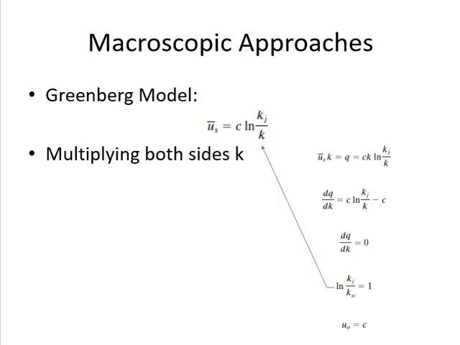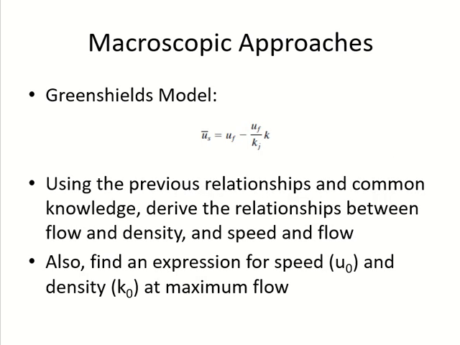This one and this one? Is it possible? No. They are completely different, right? There is no similarity in that. One is linear, the other one is non-linear. One is using k upon kj only, and this one is using uf and whatnot. So both of them cannot give the same answer. So now I have two equations, both for the same thing, but not giving the same answer. So I have to select which one to choose.